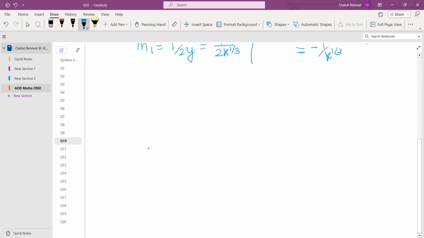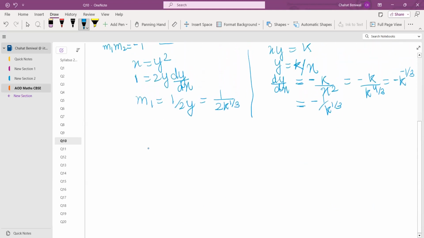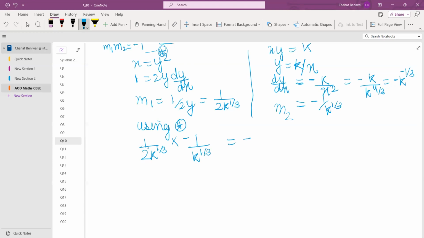Okay. So now we have our m1 and m2, and we are going to use the condition, let's name it as star. Using star, we get 1 upon 2k raised to power 1 upon 3 into minus 1 upon k raised to power 1 by 3 is equal to minus 1.